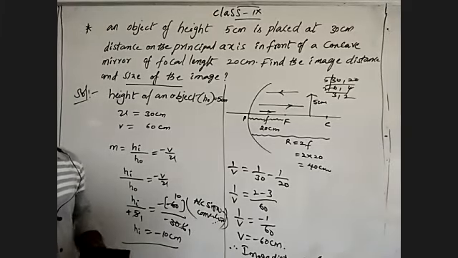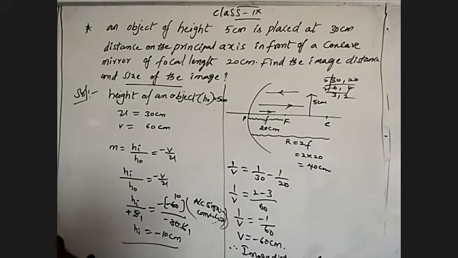So enlarged, magnified. We can write the height of the image is 10 centimeters, so it is an enlarged image or magnified image. Understand? This is the process to find the image distance and the size of the image by applying the sign convention rules.